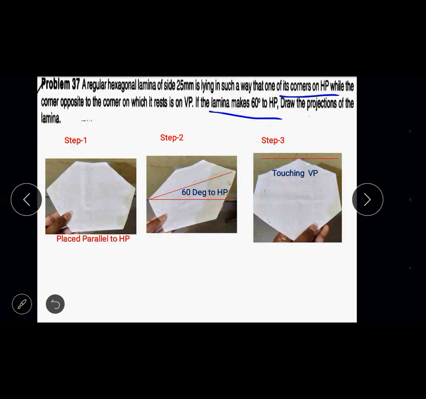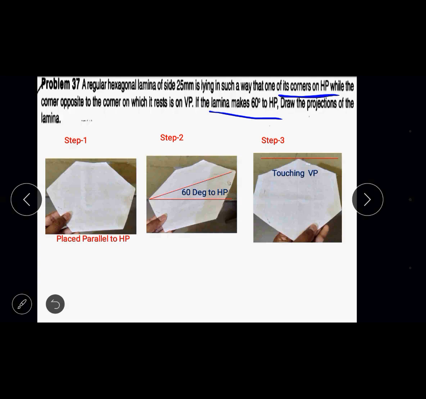Now coming to type 1. It is resting on HP, so whether it is resting with the edge or the corner is also clear in this statement. It is lying in such a way that one of its corners is on HP, so it indicates corner resting.